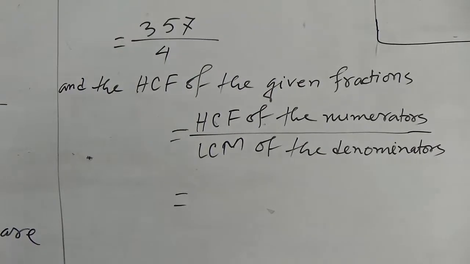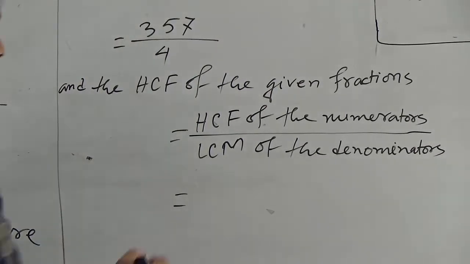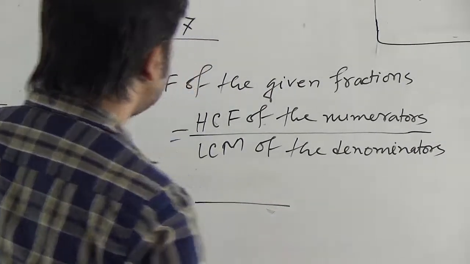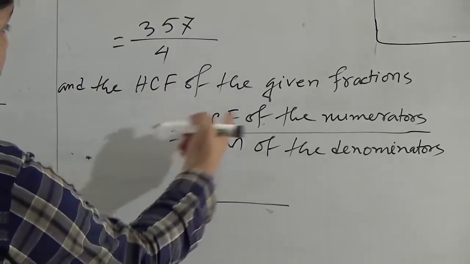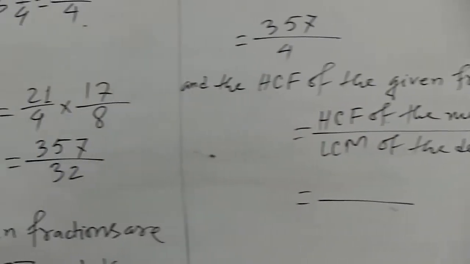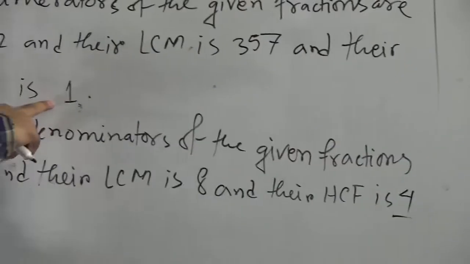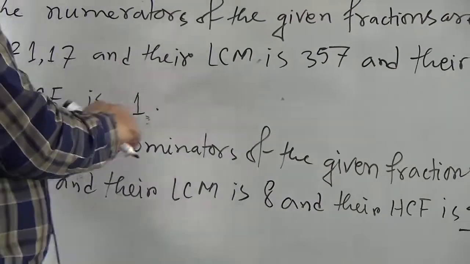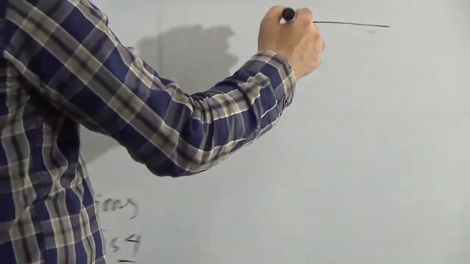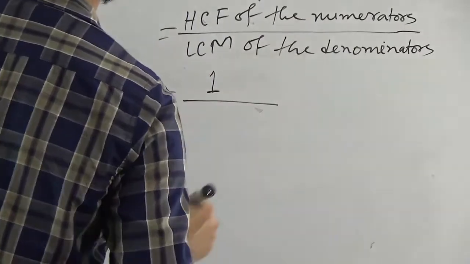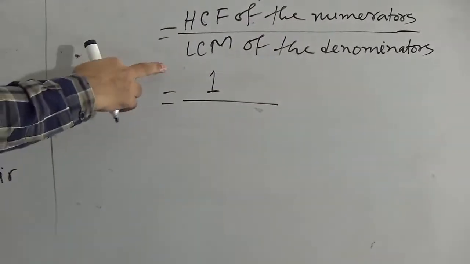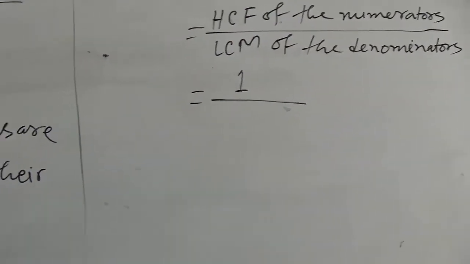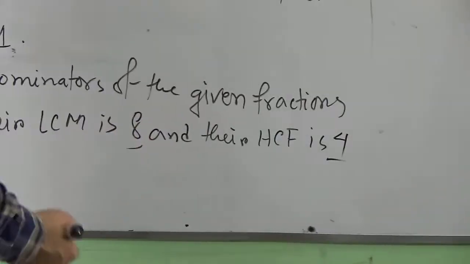This I have written at the beginning of the class. This is the formula. HCF of the numerators is 1, so we write 1 here. Now we need the LCM of the denominators. LCM of the denominators is 8 here. So we write 8.